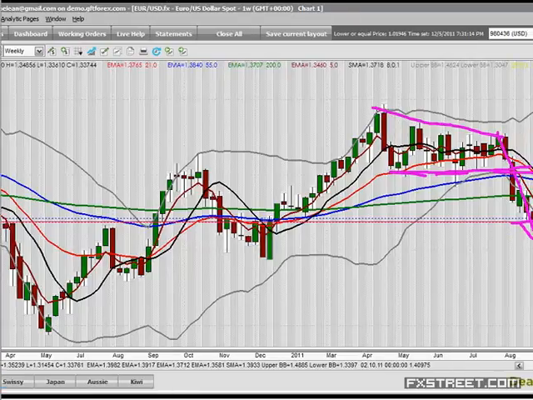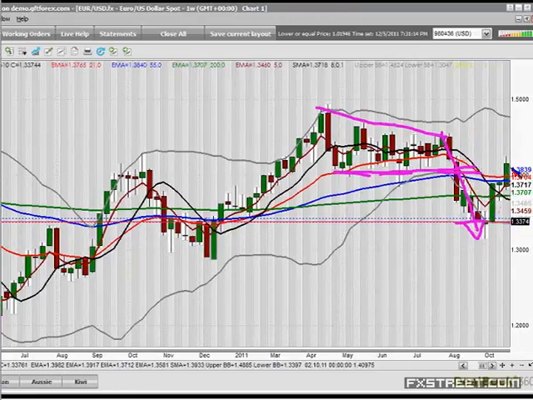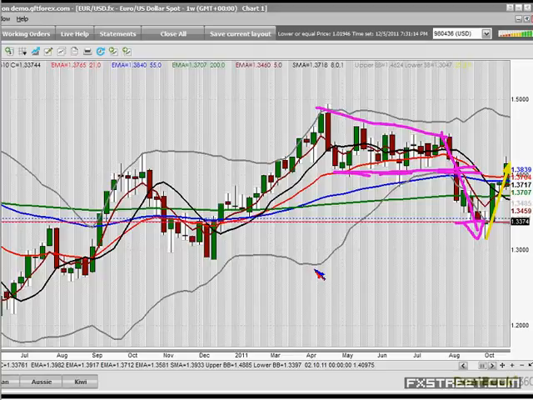On this pullback here, would you all be thinking short? If that was, say, a 15-minute chart, anyone be thinking, yep, I'll have a piece of that? Absolutely, wouldn't you?